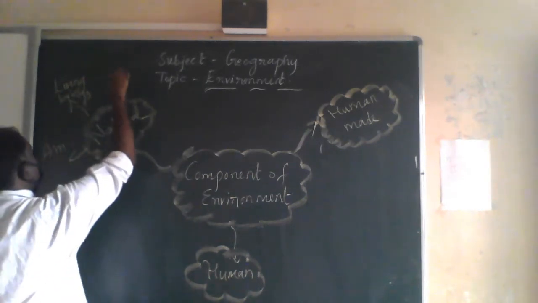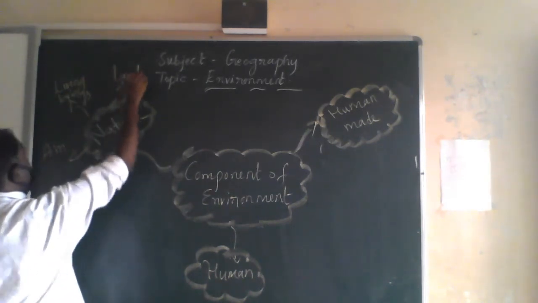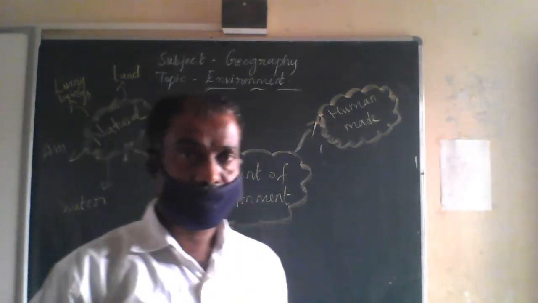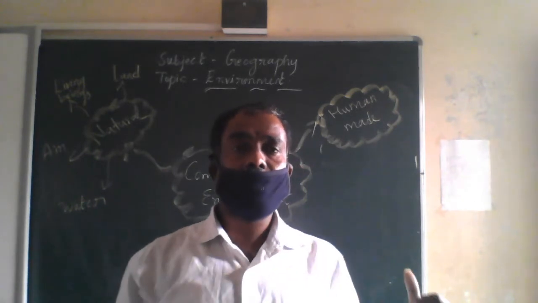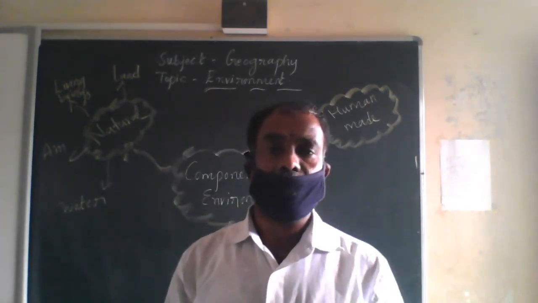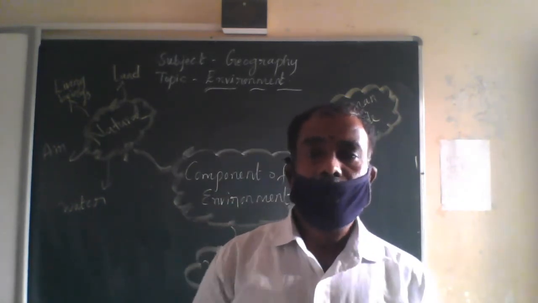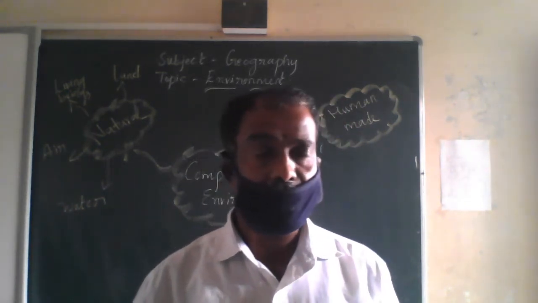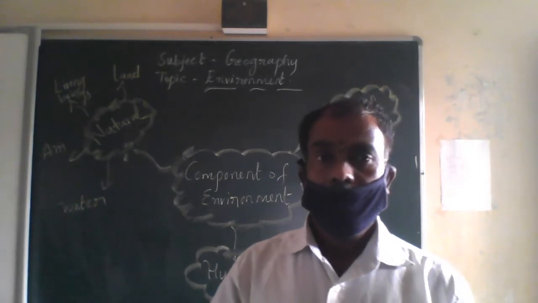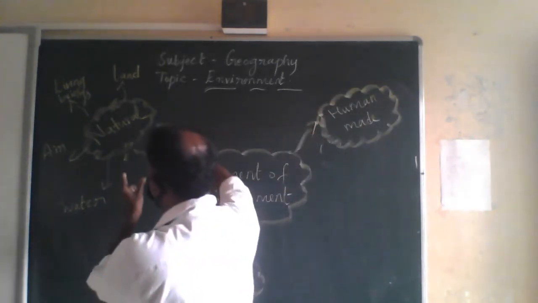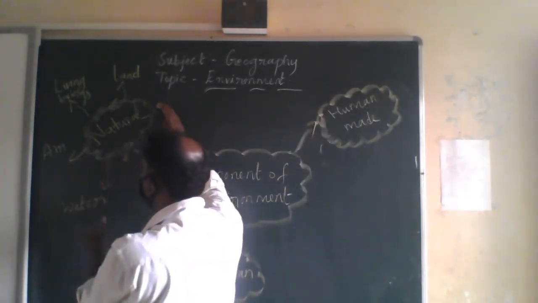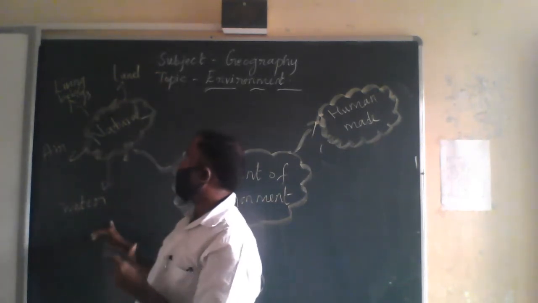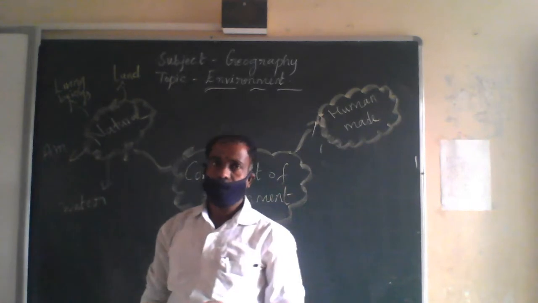And next, land, because without land we cannot imagine the existence of different life forms, whether natural vegetation or the existence of wildlife. So under natural, the major ones are land, air, water, and living beings.